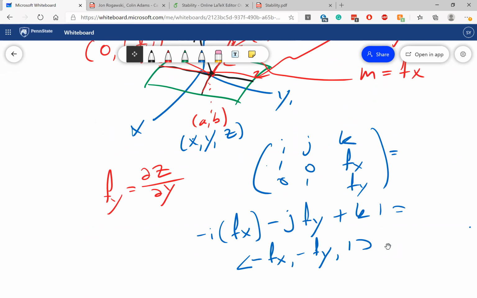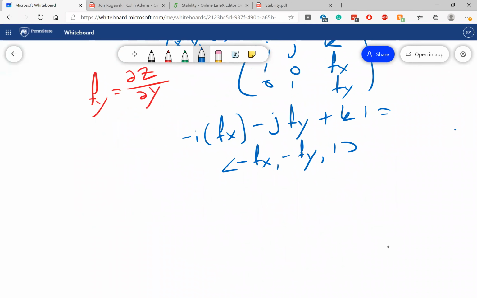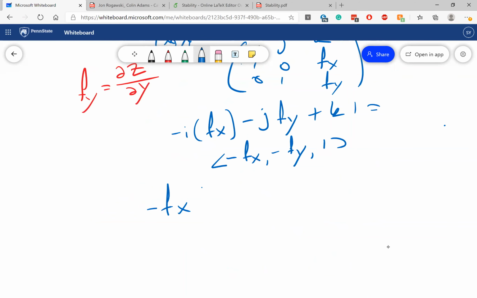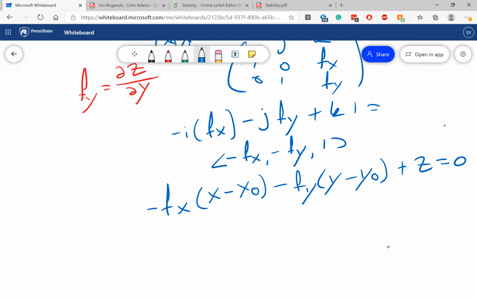So that means that we will get negative f with respect to x times, let's do this x0, y0, and z0, times x minus x0, minus f with respect to y times y minus y0, plus z is equal to 0.